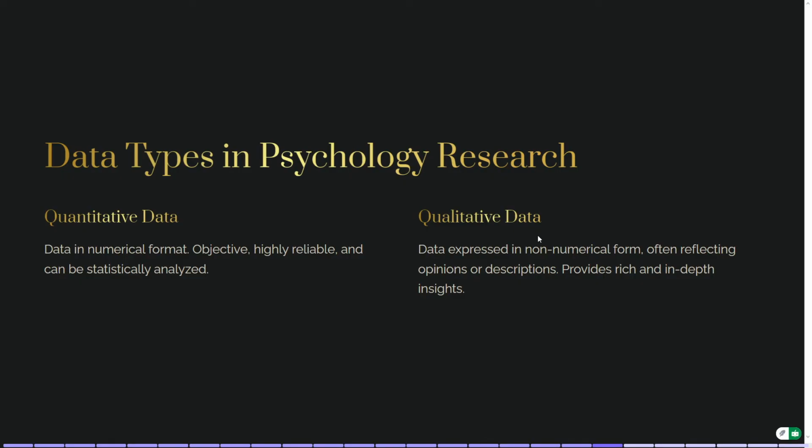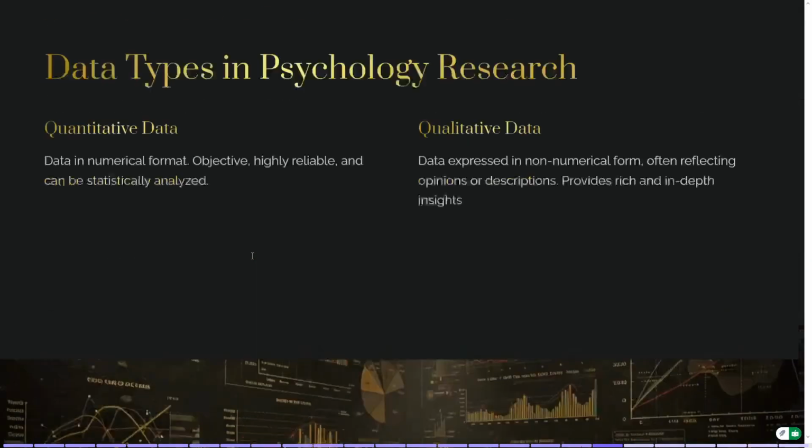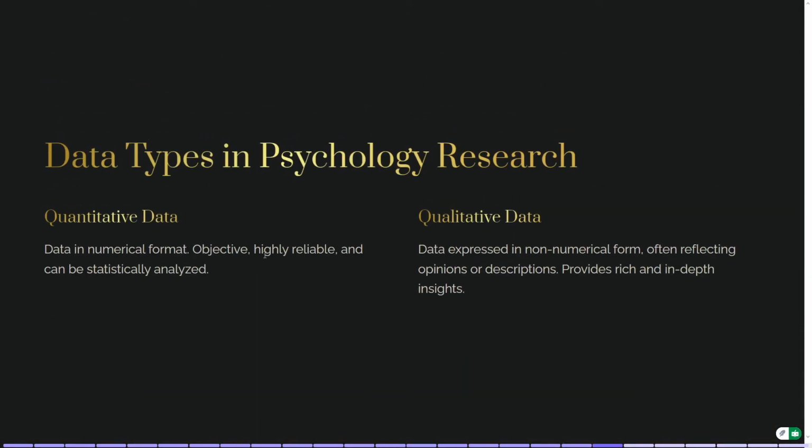Although there might be a guided system in the process, there is still a level of subjectivity involved. It often reflects opinion, so there is possibility of subjectivity. Quantitative data is highly reliable and can be statistically analyzed. However, it lacks in-depth information because they are just numerical data.